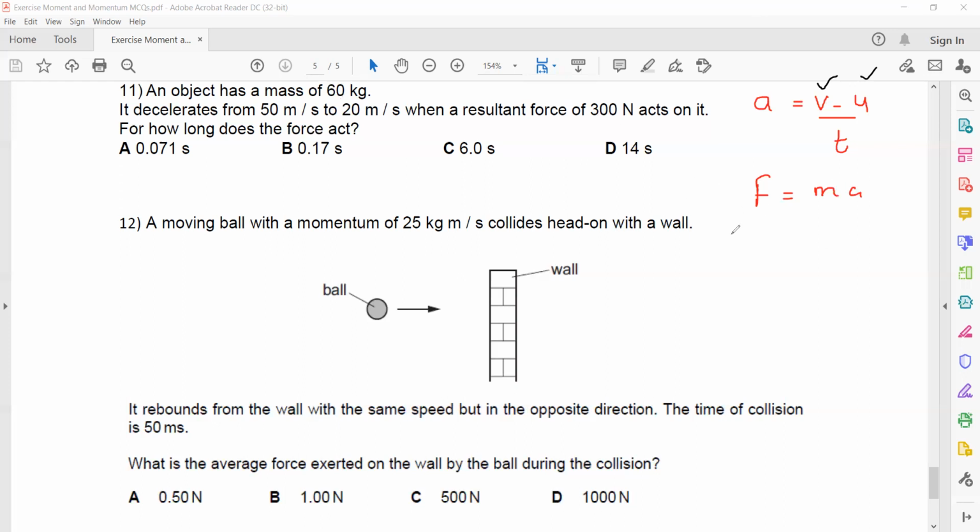So force is 300, mass is 60, and acceleration or deceleration is unknown. So this will be 300 divided by 60. The acceleration of this object is 5 meters per second squared. Now the second part of the question, we need the time.